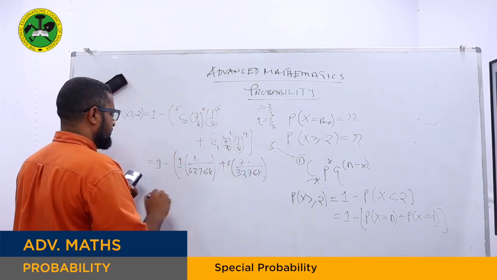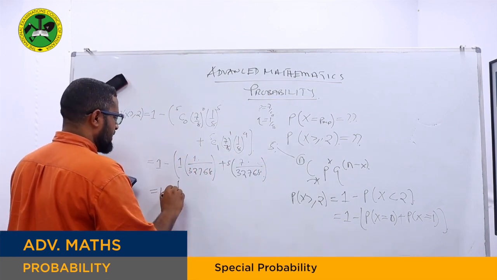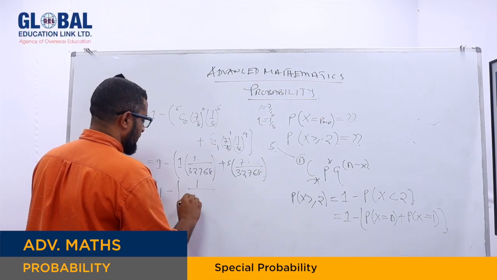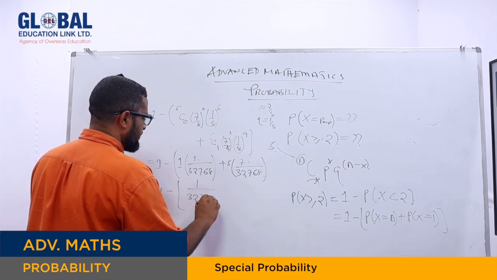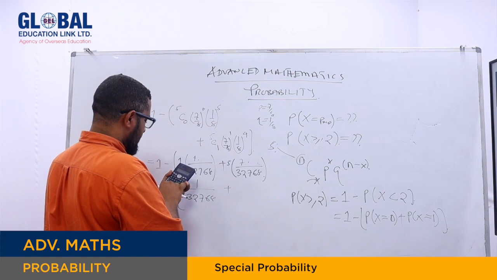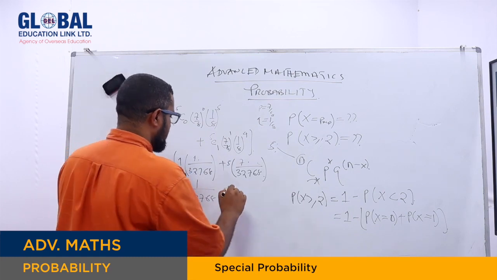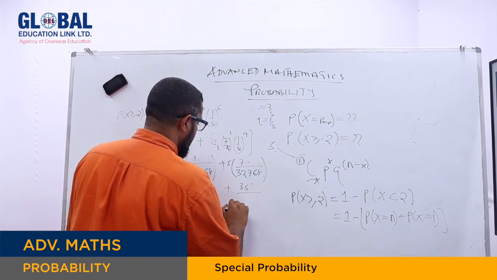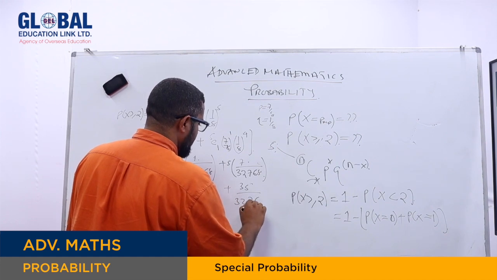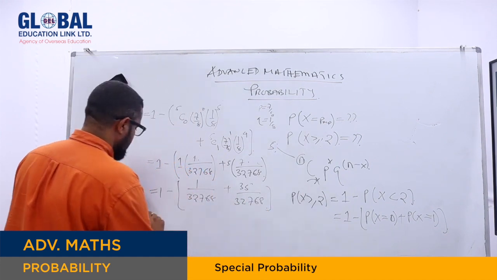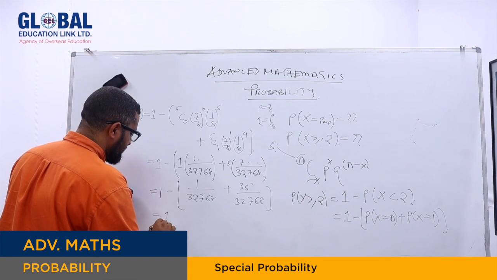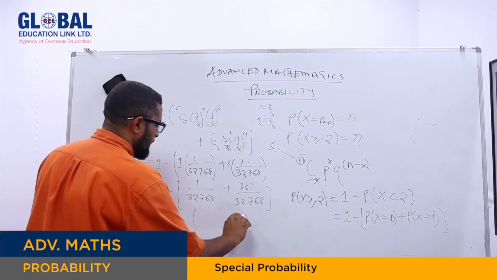But here we have 5 times 7. So it is 1 minus 1 over 32,768 plus 5 times 7, which is 35, over 32,768. If you simplify to the last point, it is 1 minus.